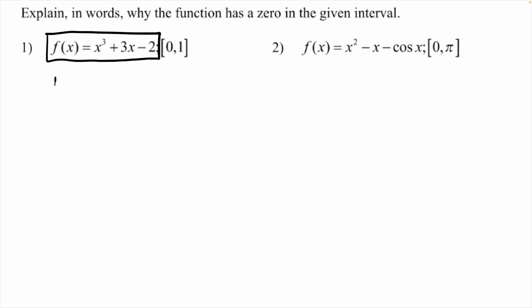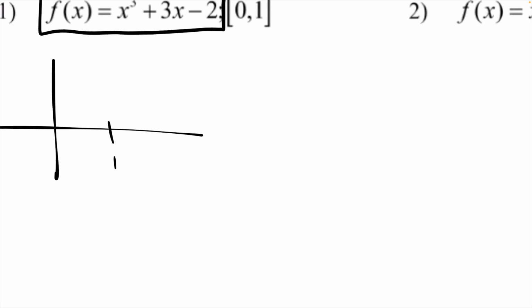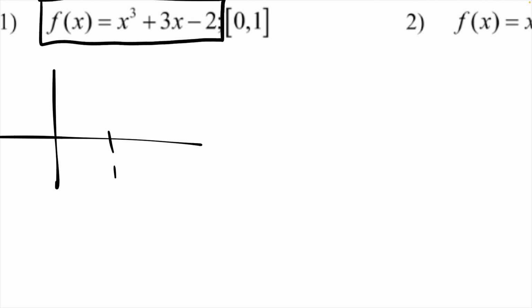So in other words, did I cross the x-axis somewhere between 0 and 1? Well, the answer is find out where you were at the start, find out where you were at the end, and we can tell from there. So how do I figure out what y value I was at 0? What do I need to do to figure out what y value goes with 0? Plug in 0.